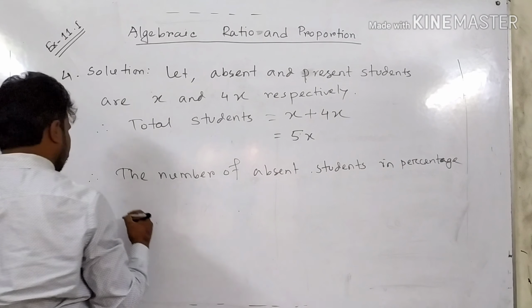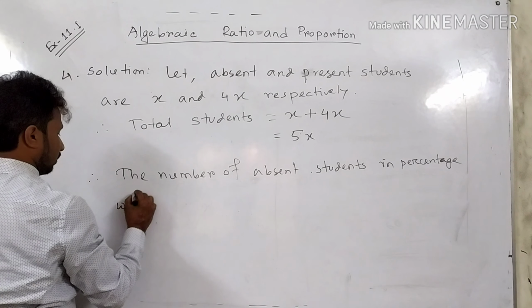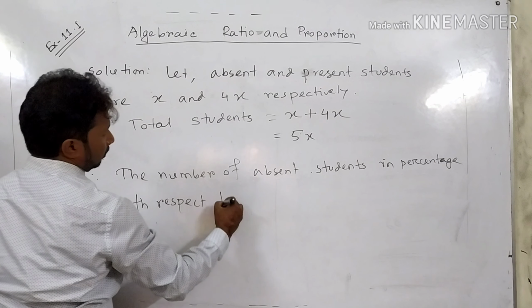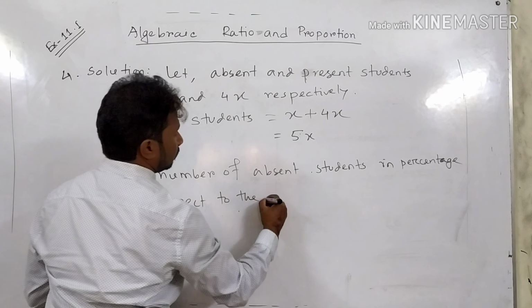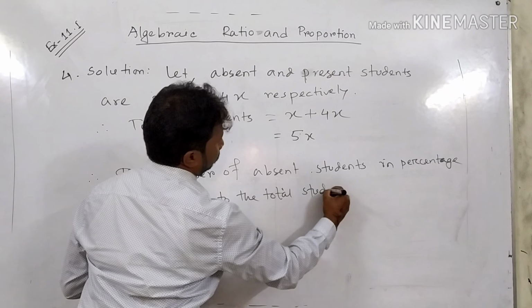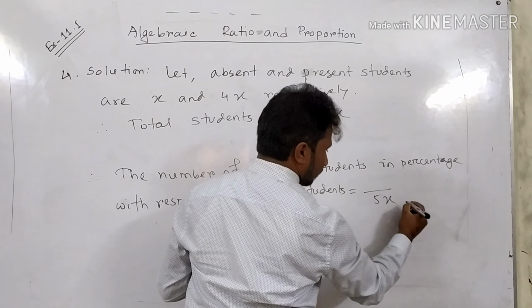Percentage with respect to the total students. Out of 5x, how many students are present?